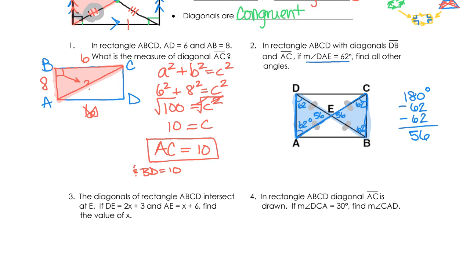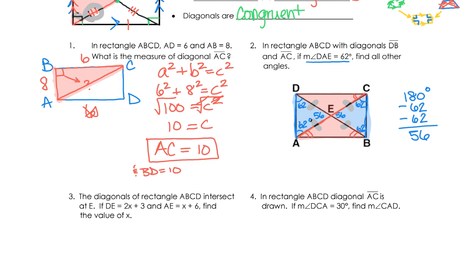And now we're going to focus on these two triangles. They're also congruent to each other. Okay, they are also isosceles. Because again, if I put those tick marks back on the diagonals there, you can see that. This angle here will equal this one.